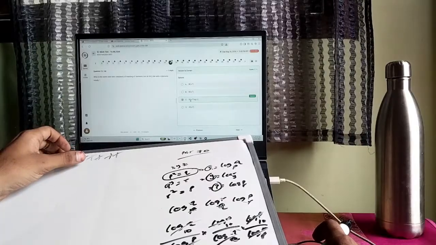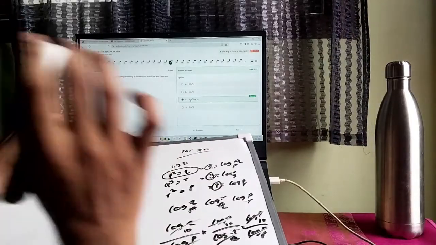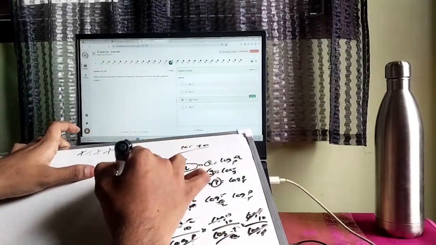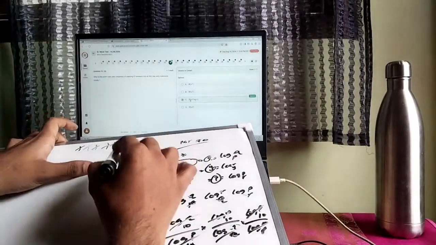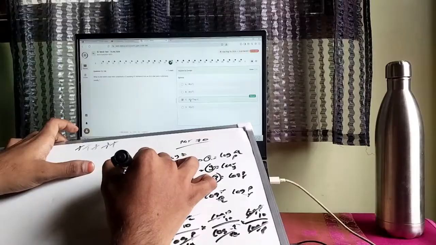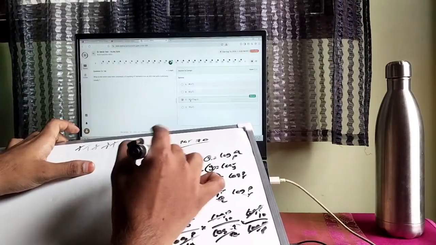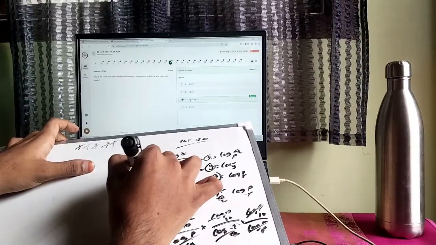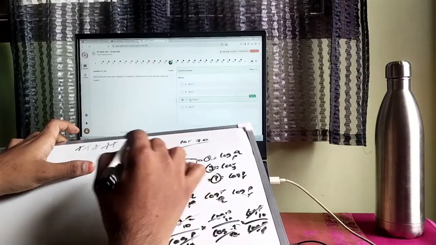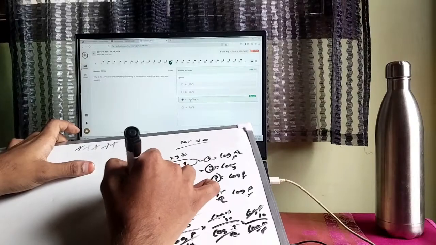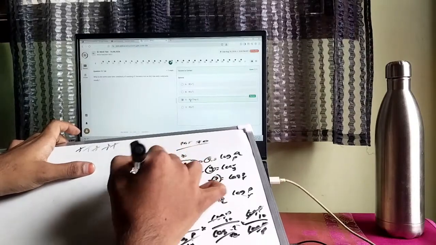So I'll say it one more time, though not everything. There is one important property: log n factorial. n factorial is similar to n power n, and you have to remember this.